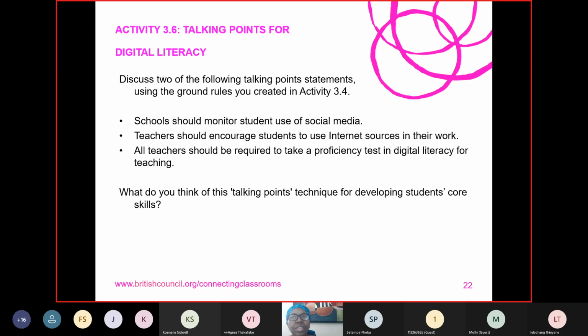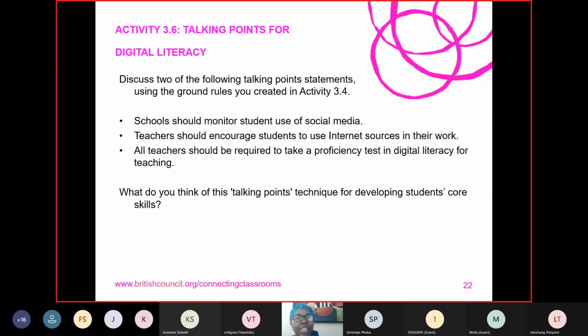And one of the things that we put emphasis on in the British Council is that whenever you are talking about digital literacy, communication, and collaboration, you need to understand the acronym ACE.